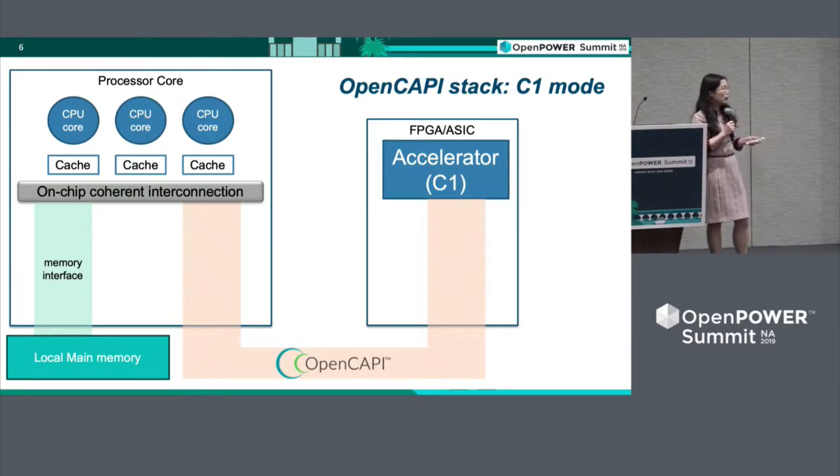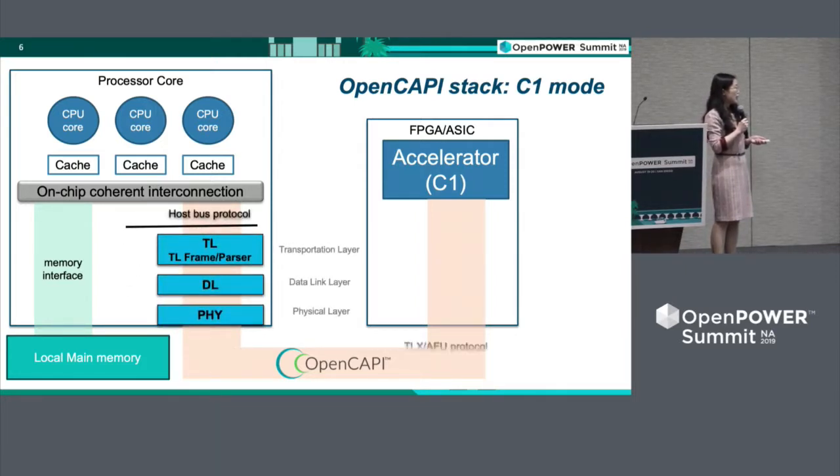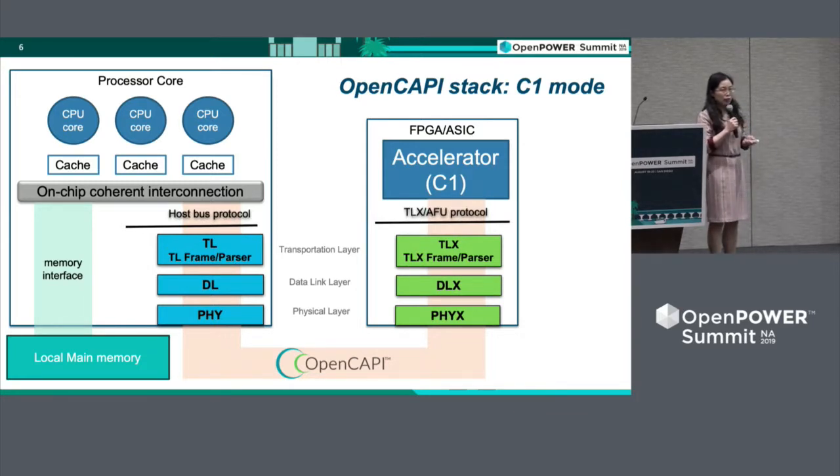And I want to mention one point: in the last presentation, Dimitri introduced the C1 mode and M1 mode. And here, I will say that the OpenCAPI acceleration framework actually focuses on C1 mode. That means all of the transactions are initiated from the accelerator.